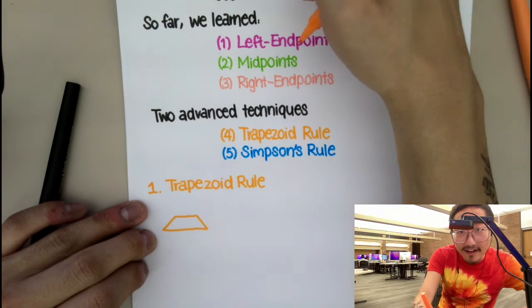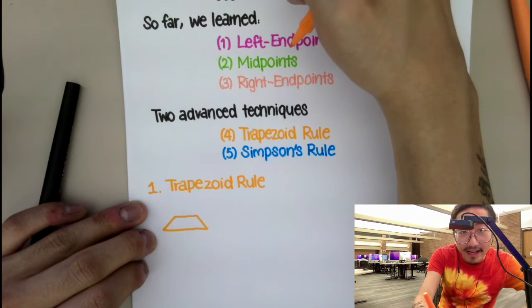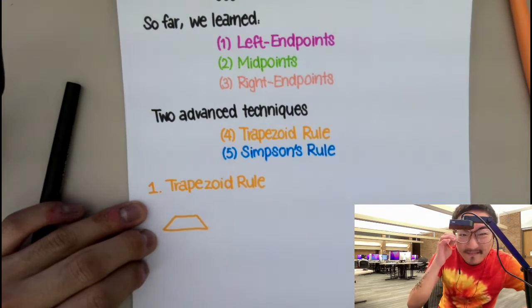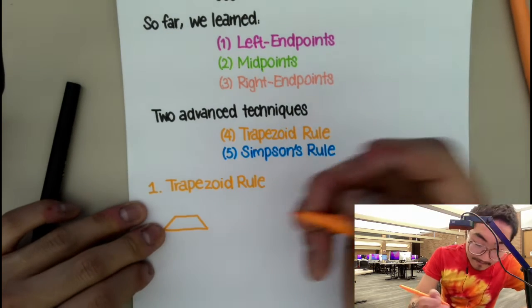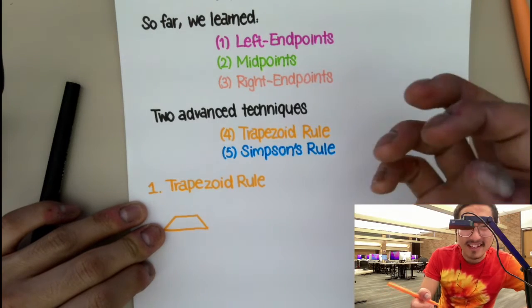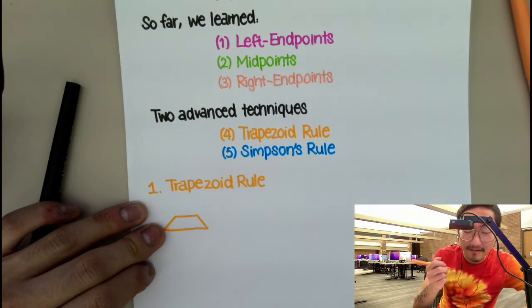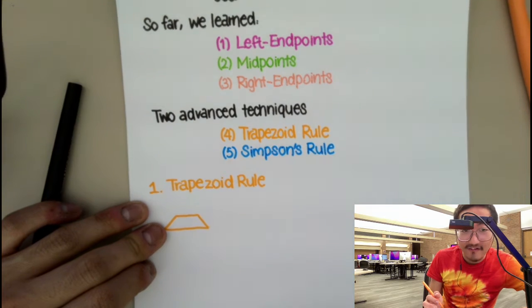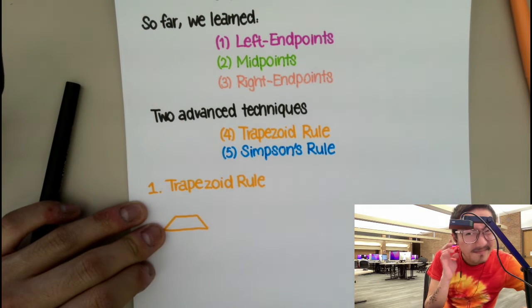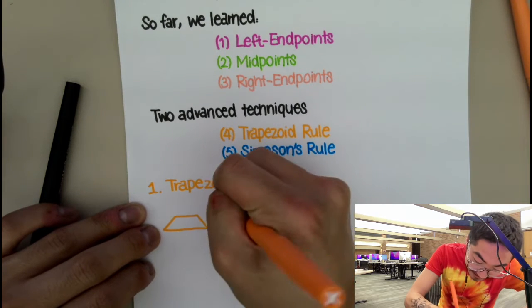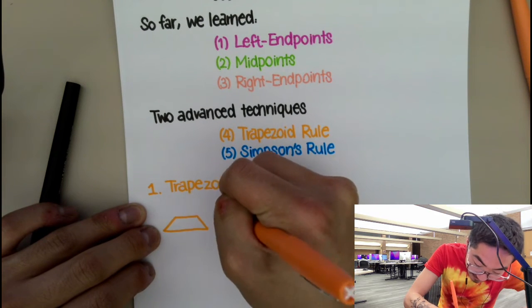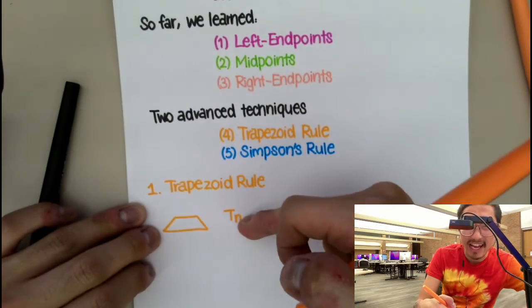For the notation, we use the same function f of x over the interval a to b. For the trapezoid rule, the notation is T_n.